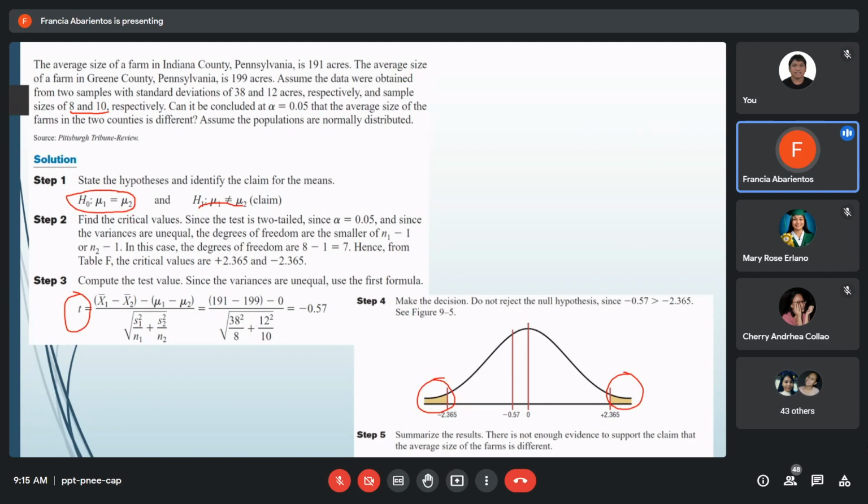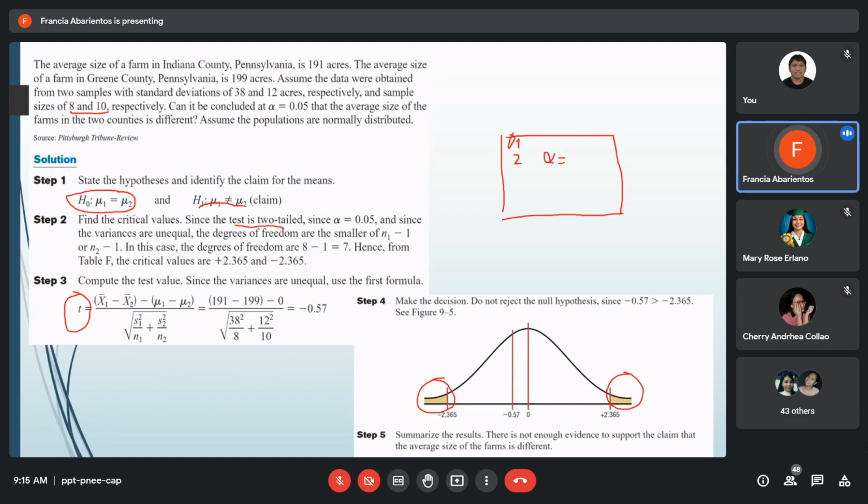Okay? So in finding the critical value, since this is a t-test now, class, two-tailed test. Sa table na makikita nyo, tatanungin ka doon sa taas kung one-tailed ba siya or two-tailed. Ano yung alpha mo? Hanapin mo doon sa table.